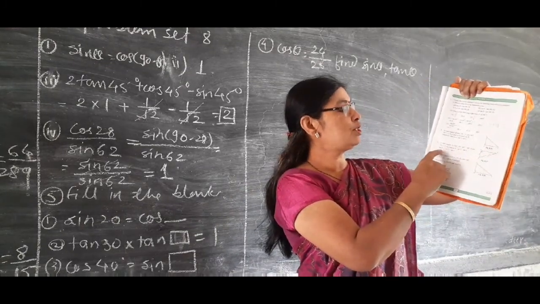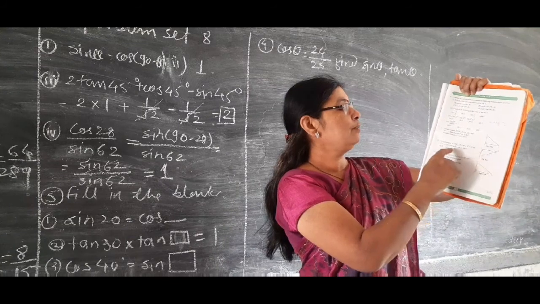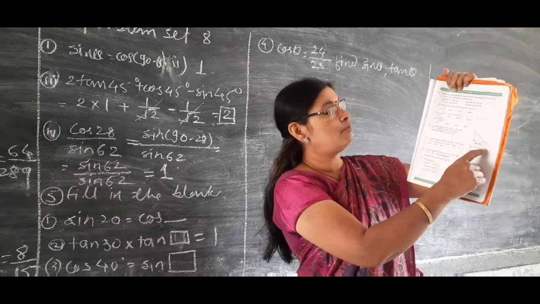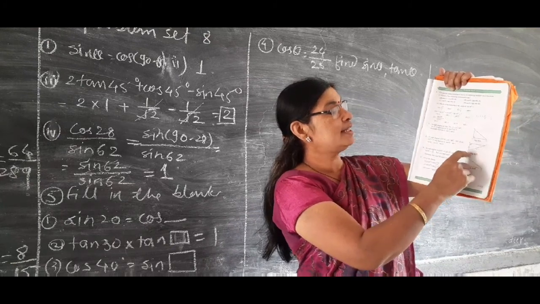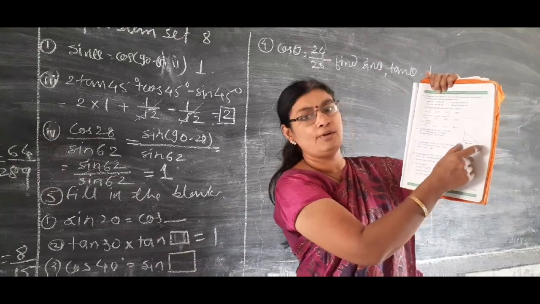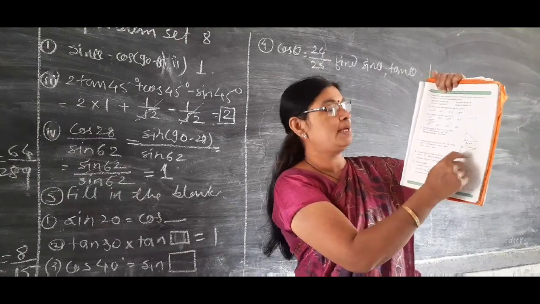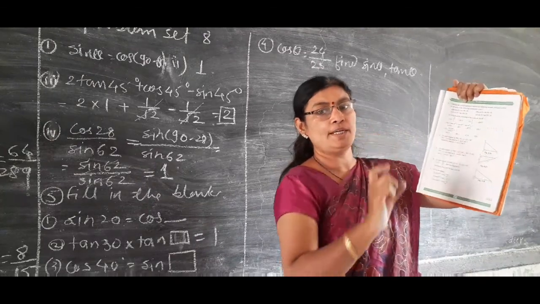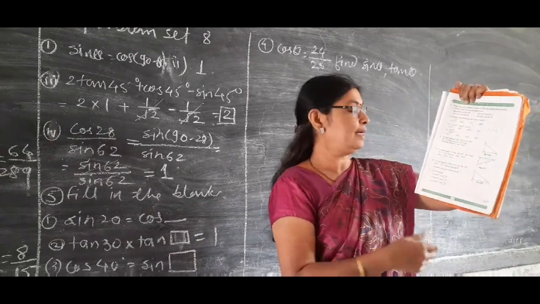Then in the third question also, you have to find out sin cos tan of y and z. Here xz is 8 and zy is 17. So first you have to find out xy by using the Pythagoras theorem. It is 15, and then use the trigonometric ratios sin, cos and tan.